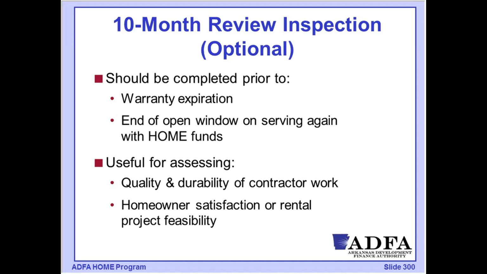Are there any warranty items where there are issues? That window of opportunity is closing with the warranty that the contractor would have in place, but also there's a HOME rule that says there is the opportunity up to 1 year after completion of the project to add additional HOME funds.